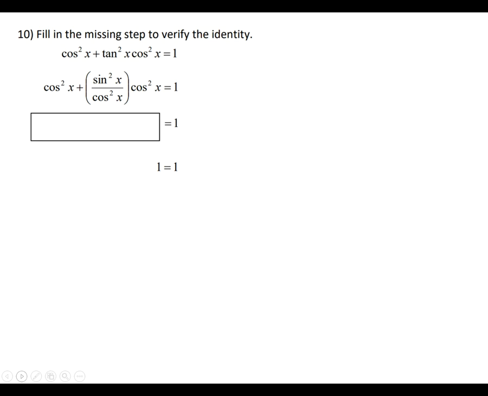Okay. So again, the first thing they did was they took their tangent and turned it into sine over cosine. Why was that really good? What does it do? It cancels the cosine that is multiplied by it, so you need to write the line without the cosine in it. So cosine squared x plus sine squared x.